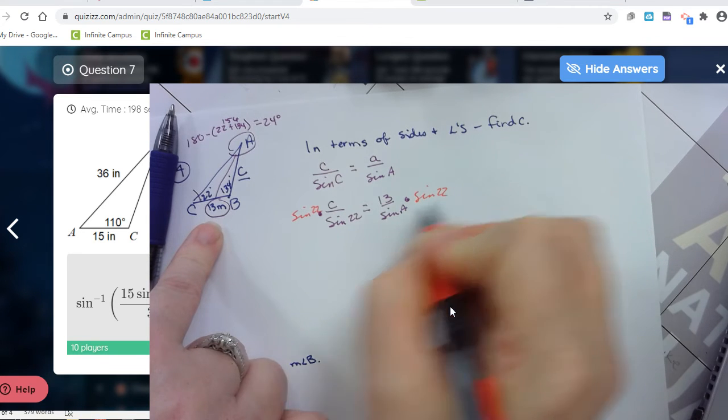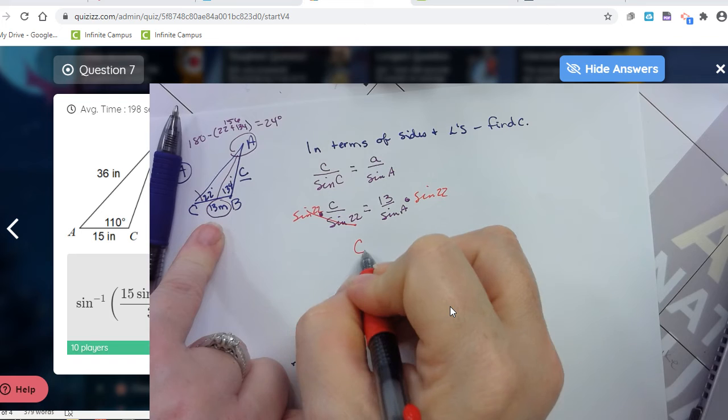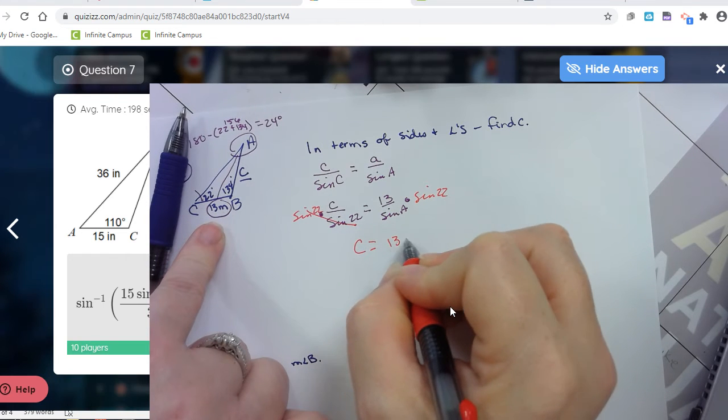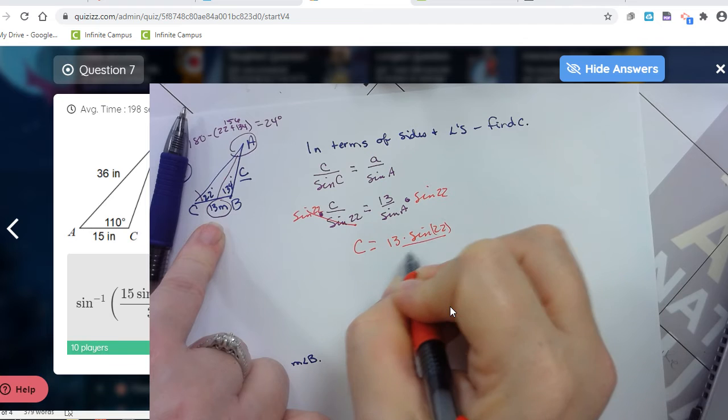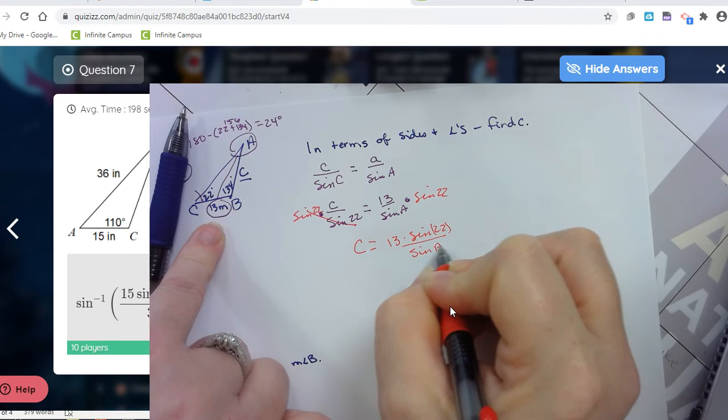This cancels, and I'm left with C is equal to 13 times sine of 22 over sine of A.